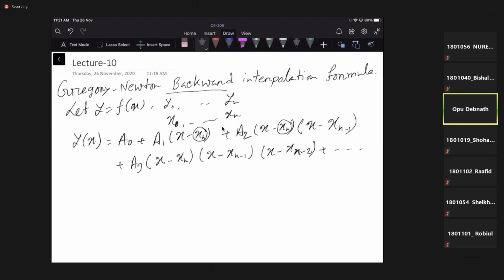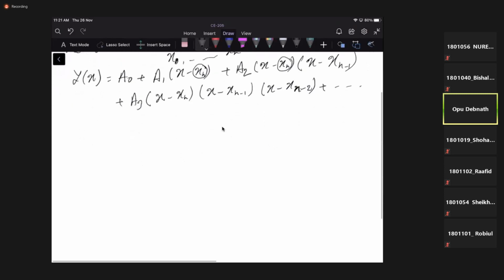Ultimately both equations are the same, just the writing is different, and the resulting equation is the same.